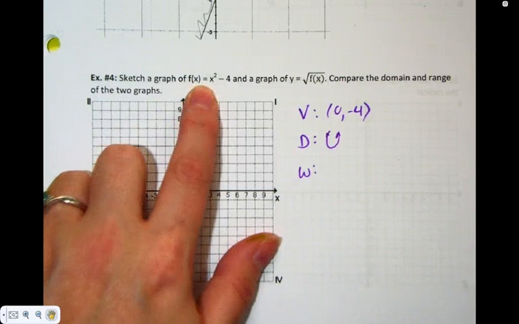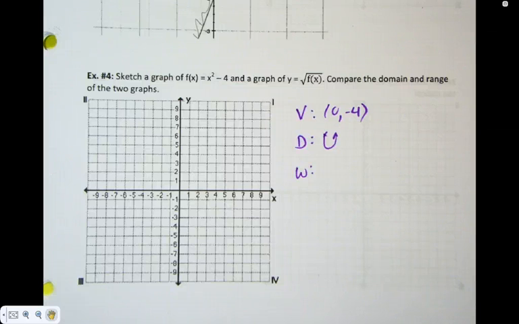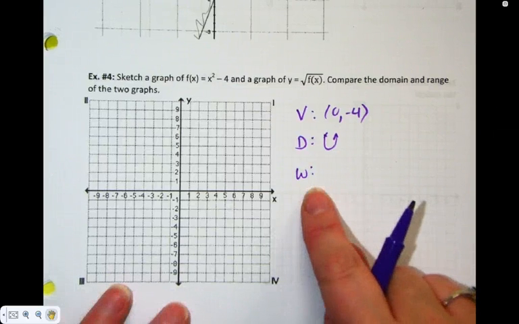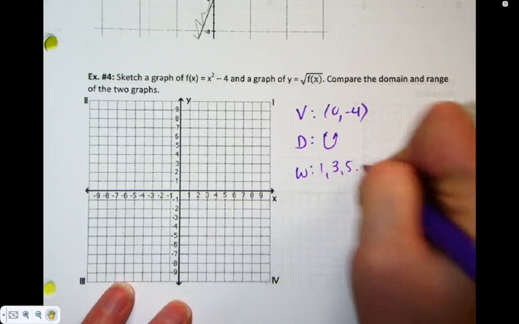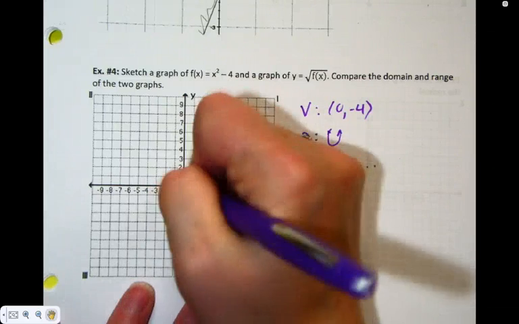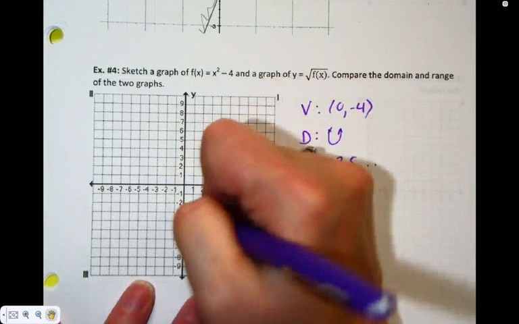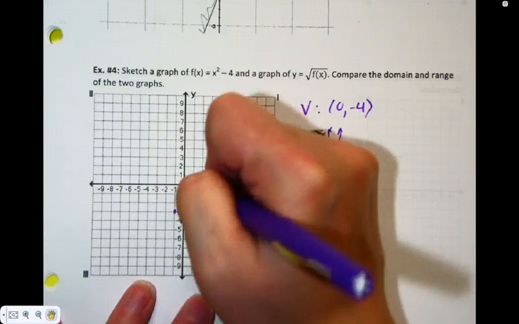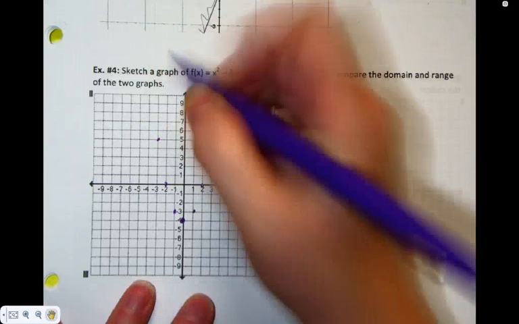And what is a negative in terms of transformations? A vertical reflection. The width. Okay, so vertex first, 0, -4. Over 1, up 1. Over 1, up 3. Over 1, up 5.